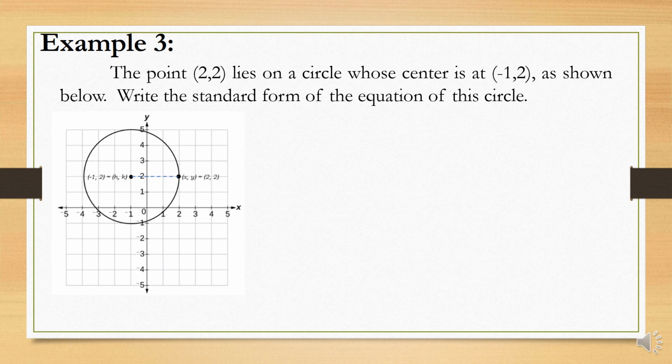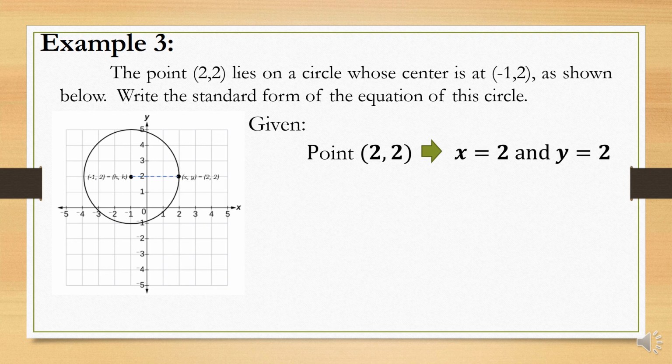You have observed that what is given to us is a point on the circle. If you can still recall our definition of a circle, our given point gives our x and y values. So your x is 2 and your y is also 2 from this given point.